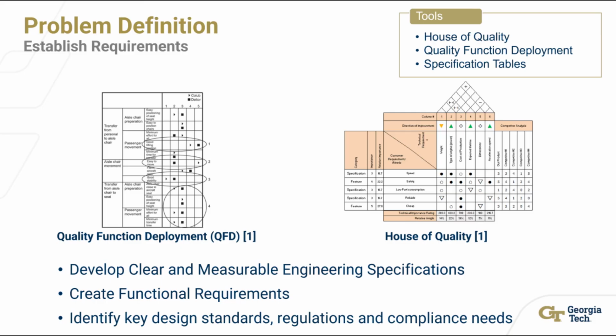Now, it's very important to note that during the problem definition phase, outlining specific engineering requirements may be quite difficult. Therefore, it's important to get a broad understanding of what needs to be achieved, and more specific engineering specifications with hard, tangible numbers attached to them will be achieved later in the design process.